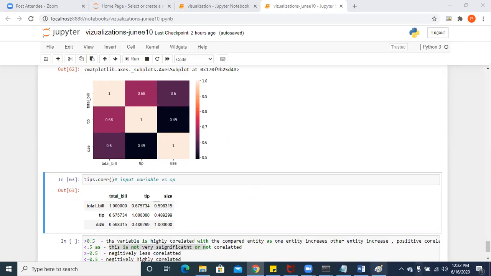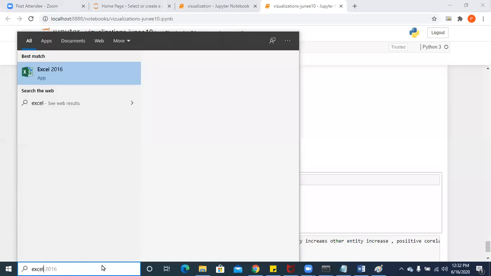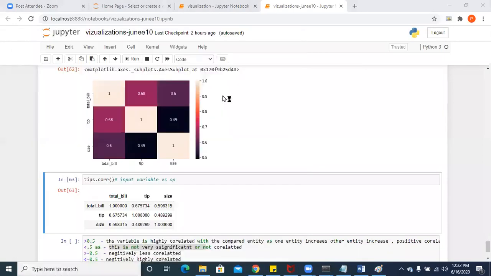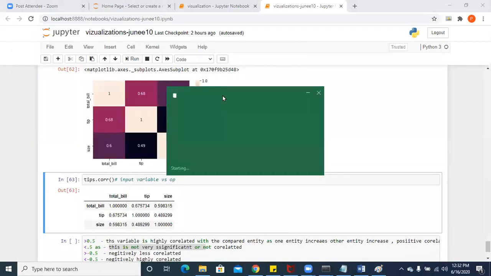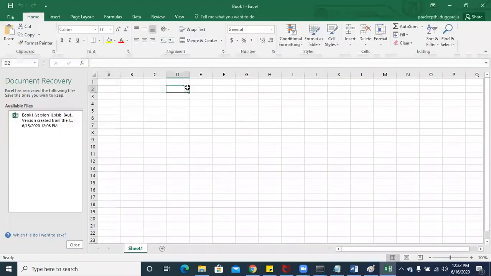First, suppose I'm taking an Excel sheet. Let's suppose I want to predict the price of a house.